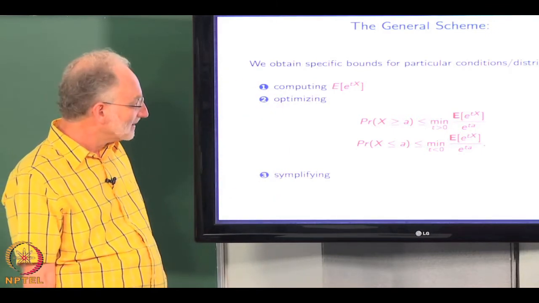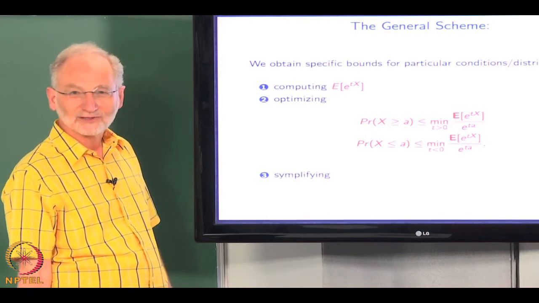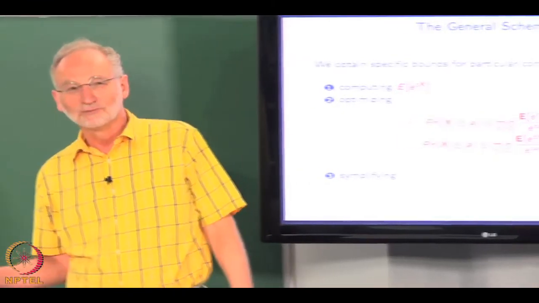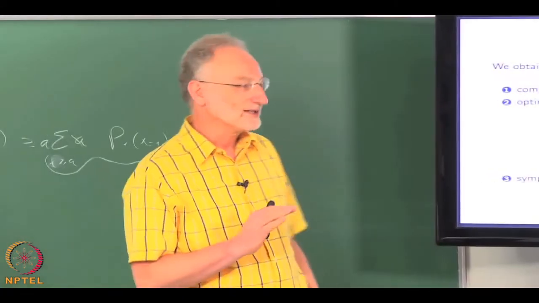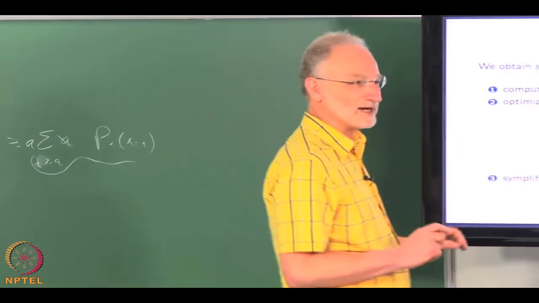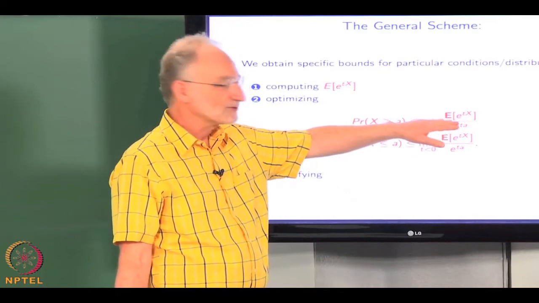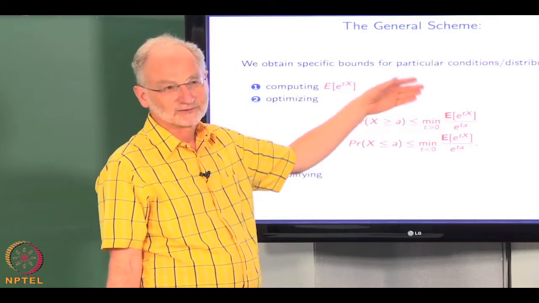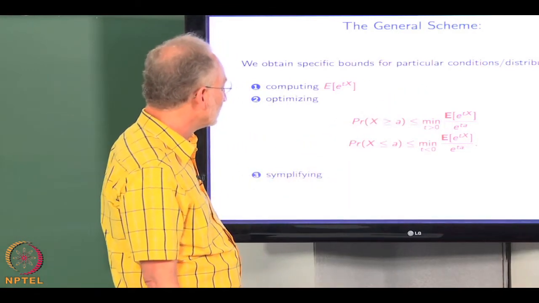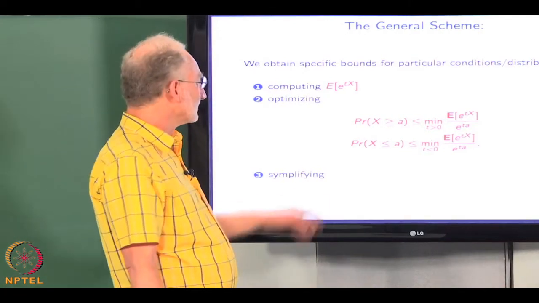Before we get to particular bounds, what I want to show you, and this is often ignored completely in computer science, is that this is not magic. There is a very particular reason why we move from the random variable to the expectation of the exponent of the random variable. Those of you who have studied enough probability, what's this function?